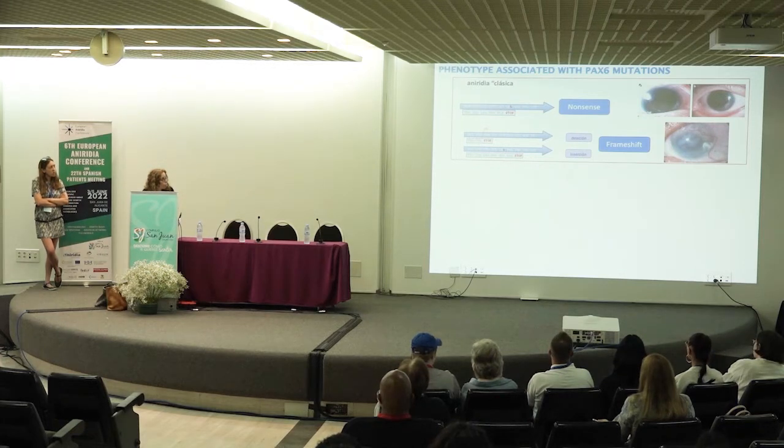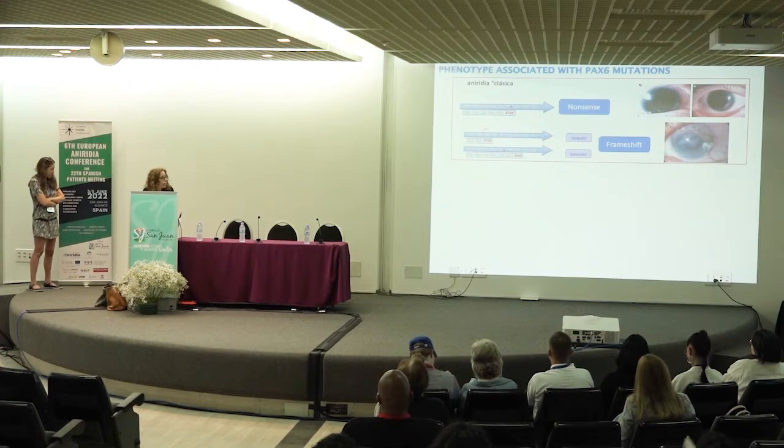Also, the patients can have very small insertions or deletions in the letters of PAX6, and this causes a frameshift, and also a PAX6 truncating protein. In these cases, the patients usually develop a classical aniridia with high-risk and foveal hypoplasia.